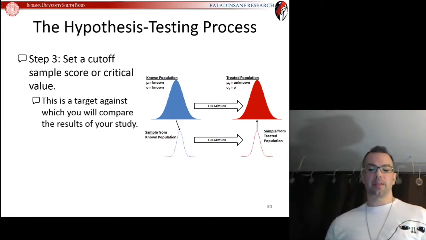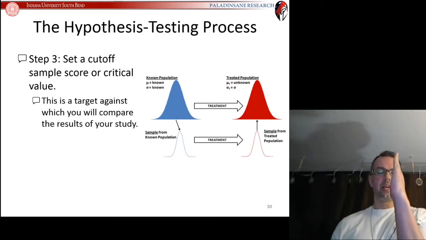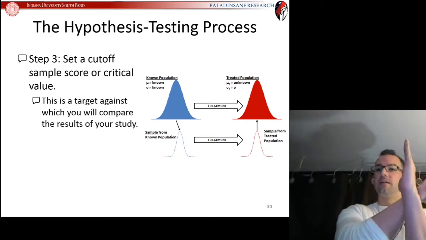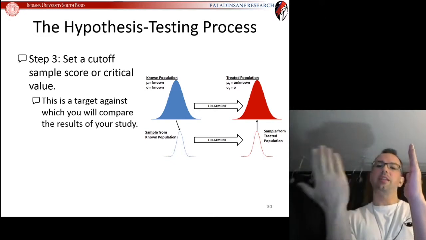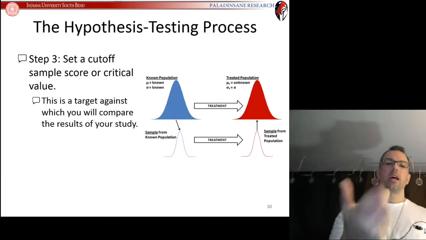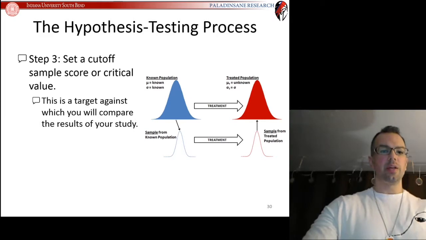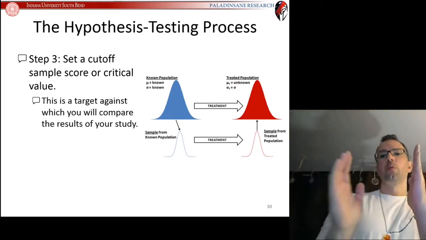So this is just a required boundary that we use in statistics where we say, all right, this is my line in the sand. And if you cross it, I'm going to say that the treatment is effective. If you don't quite cross it, then I'm going to say that the treatment is ineffective. And we'll see how we choose that cutoff score as we continue in this hypothesis testing procedure.